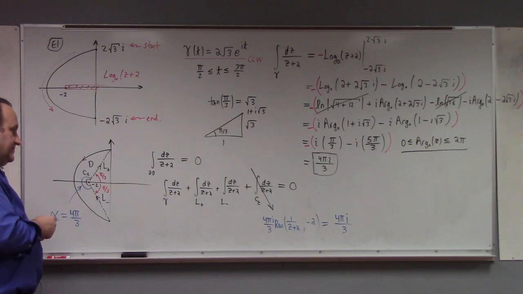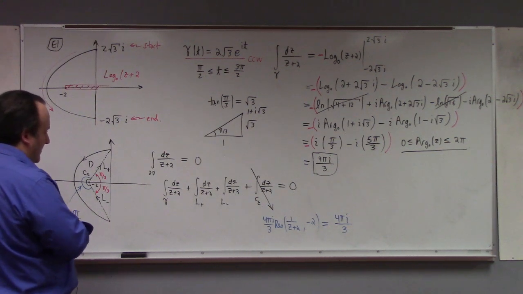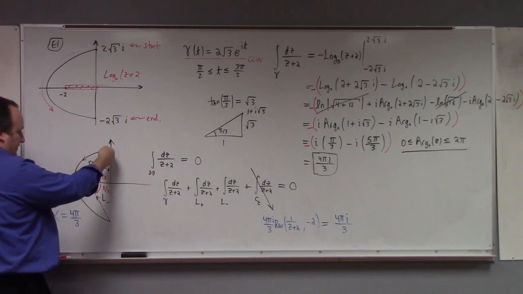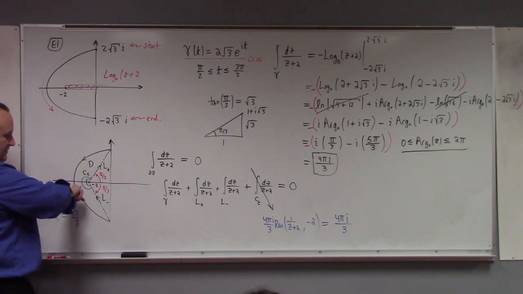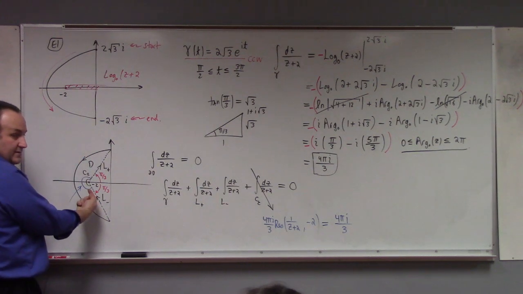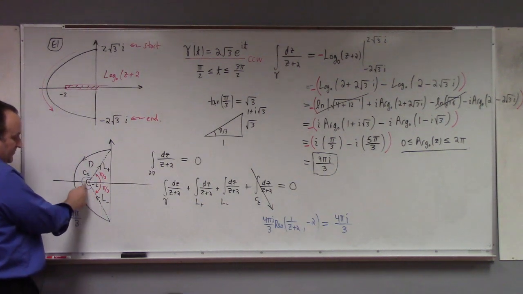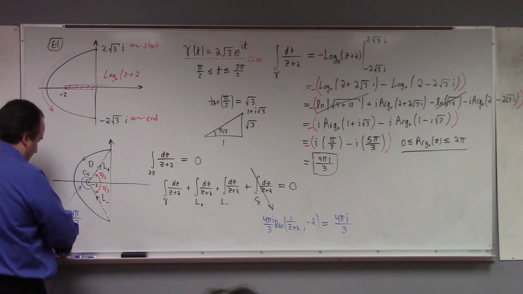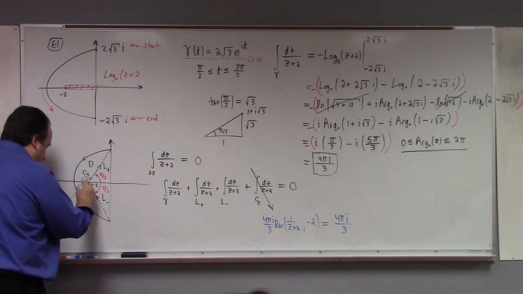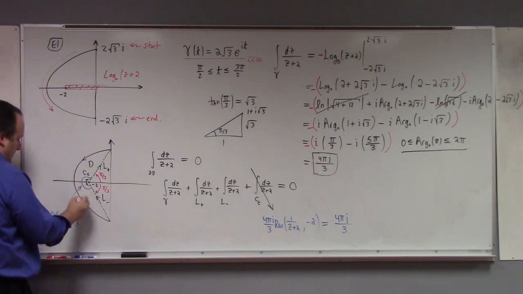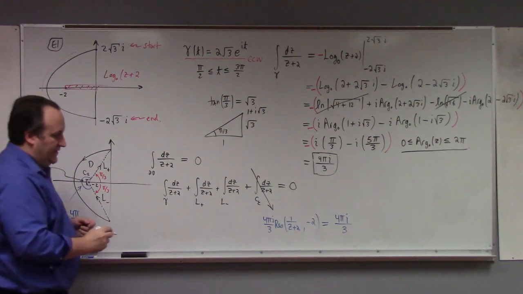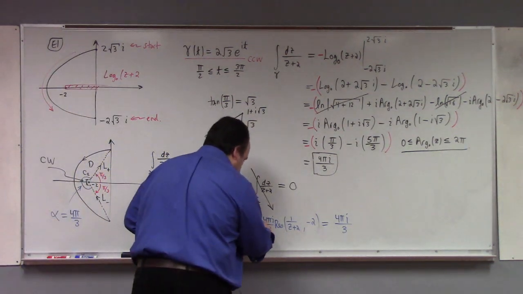Rats. Or did I do it wrong? Hold on a second. I bet it's a minus. Let's be more careful. If this is going like this, it's coming back in here. What's the orientation of that loop? It's clockwise. Which means that there's a minus here.